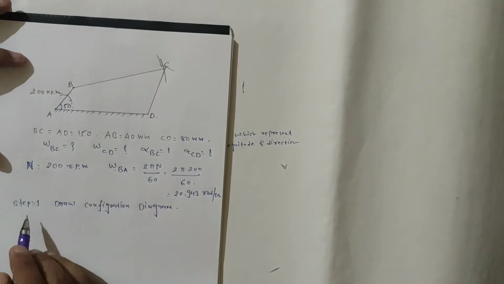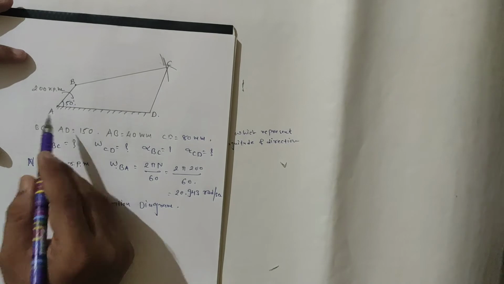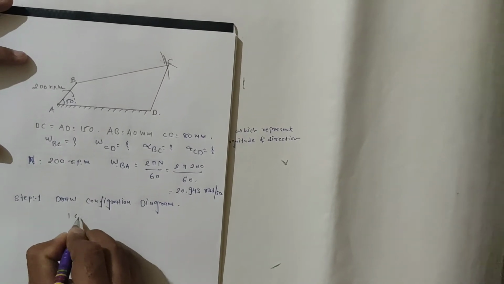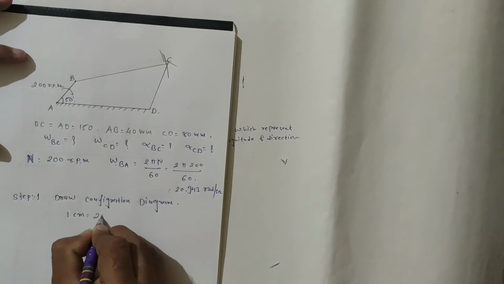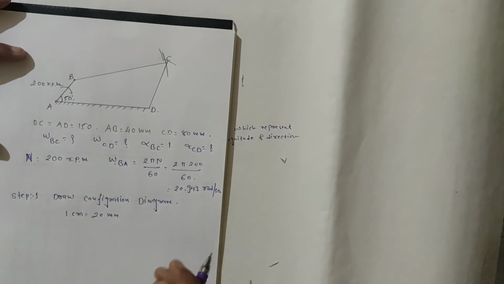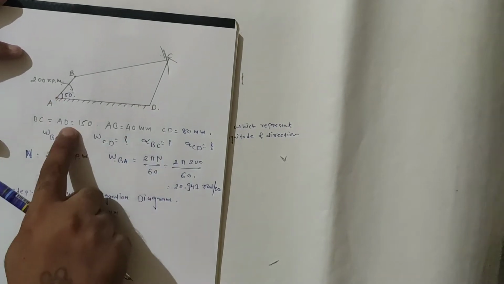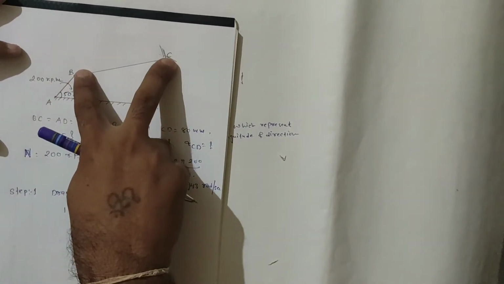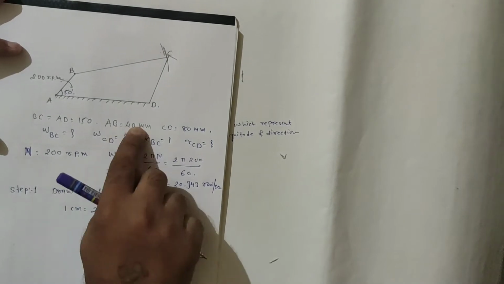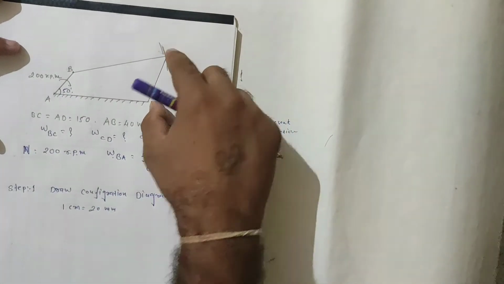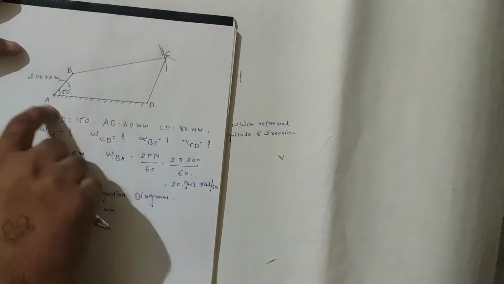At that time you have to consider a suitable scale: 1 centimeter is equal to 20 mm. So this is 75 mm, since in the data it is 150 mm, and AB is equal to 40, this is 20 mm, and CD is equal to 80, that is 40 mm. By using this scale I have to draw all the things.